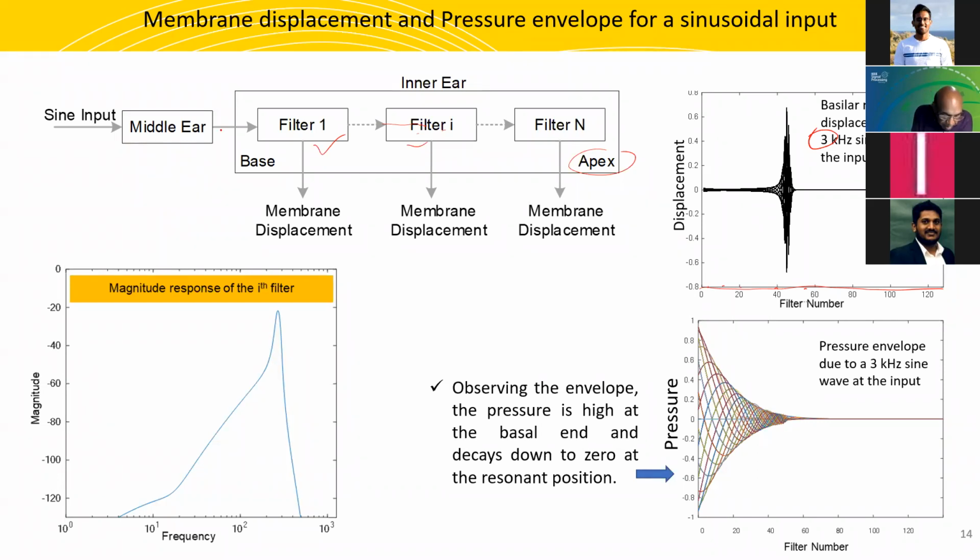I'm giving a signal at 3 kilohertz, and it's traveling along this line and sees a 3 kilohertz filter somewhere. At that point, it will give a peak, and there will be no more energy traveling. And if you keep plotting every 10 or 20 milliseconds on top of each other, you'll get an envelope like that.